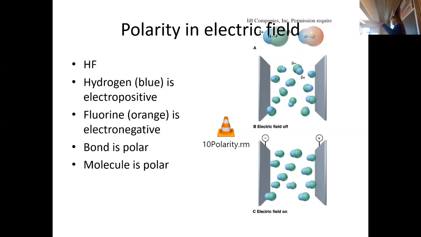So that's how we're creating this electric field. The molecules that are inside of that are all going to rotate so that the more electronegative fluorine is pointed towards the positive side and the more electropositive hydrogen is pointed towards the negative side. So when we say a polar molecule, we mean a molecule that's going to do this. It's going to line up in an electric field.